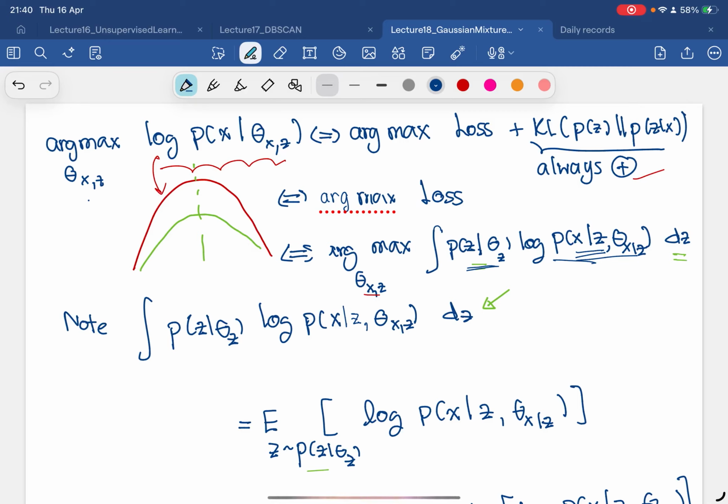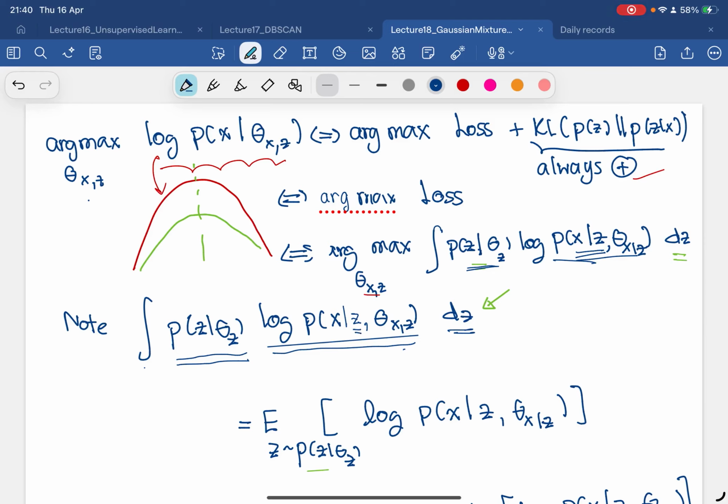You can see that now what you get is the integral over z, right? And you have the probability of z here times the log of probability of x given z here. Thing is, you can't quite drag this log probability out because you have this given z.